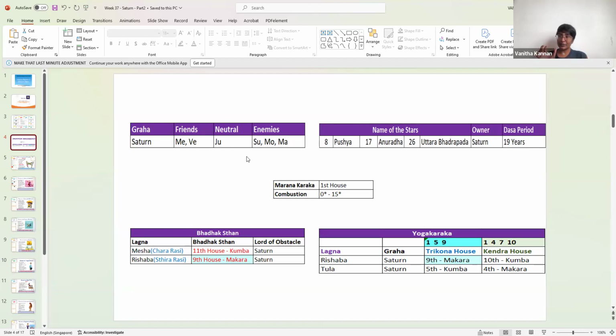What we are trying to derive here is that even though it will give negative results because of the Bhatakasthana, if it satisfies the condition of the Yoga Karaka, it will give you the benefit too. Whatever negative it is going to give becomes positive for you. It won't be tremendously positive, but it will be balanced. Until this, you're clear, I guess.